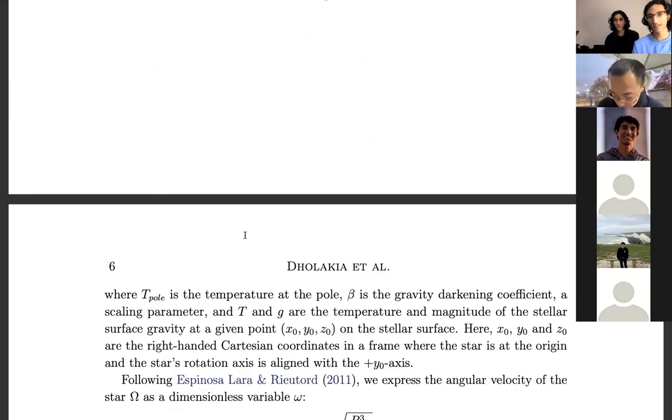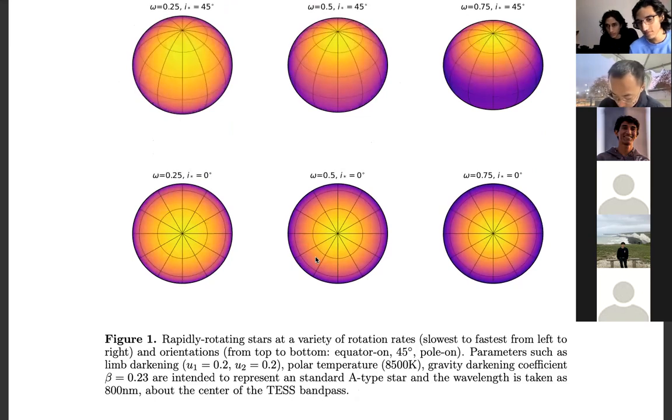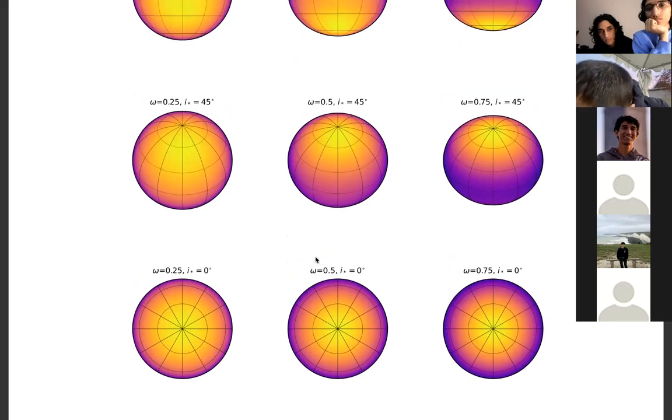Right. Okay. Oh yeah, sorry, you had another question? Yeah, it's not actually a question, but can I understand this gravity darkening as a combination of the star being oblate because of rotation plus the limb darkening that we learn in stellar physics class? Yeah, that's a good question.